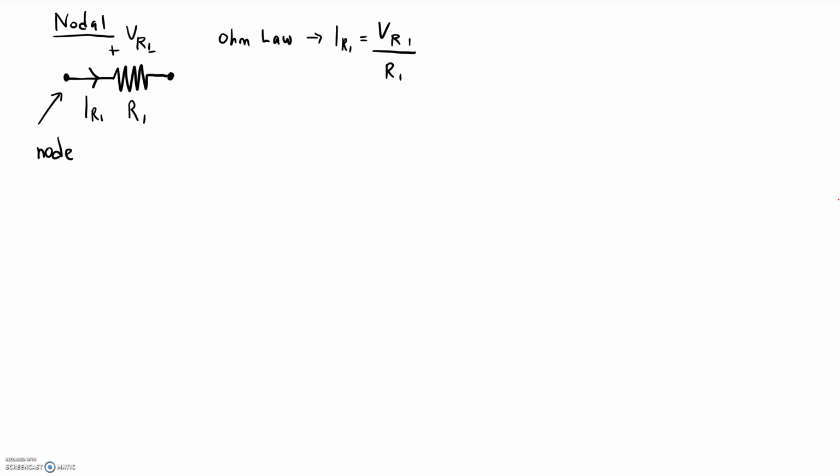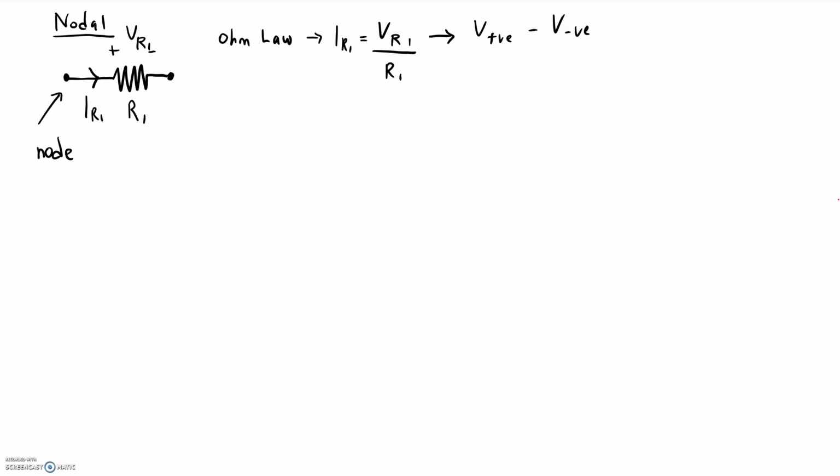Okay, so for VR1, the voltage potential goes from the higher to the lower part. Or I assume that I select V positive minus V negative.